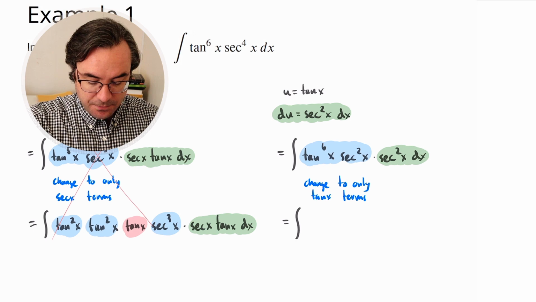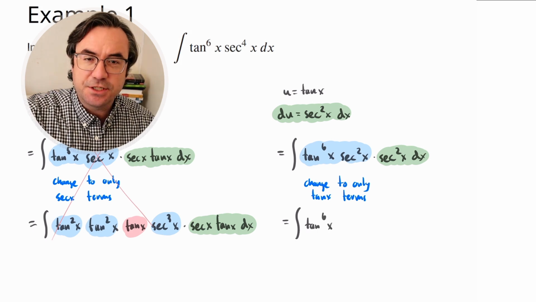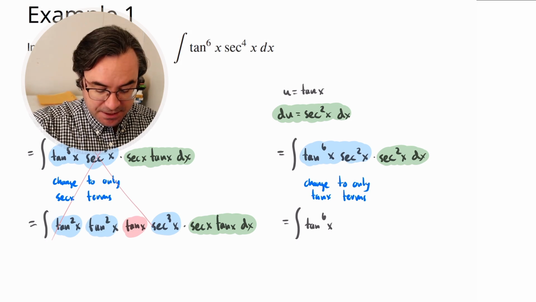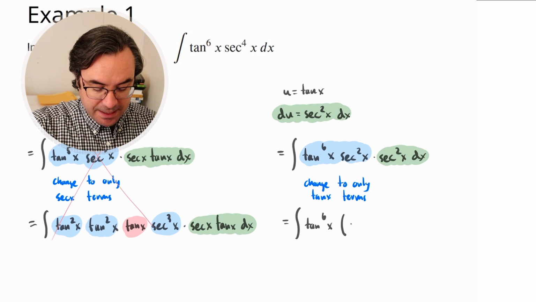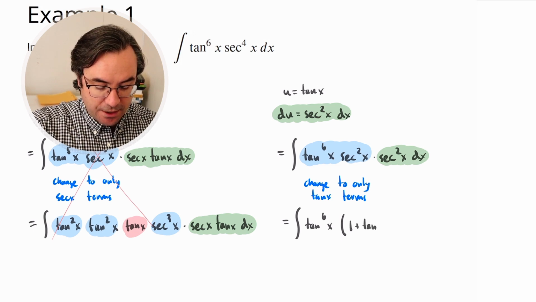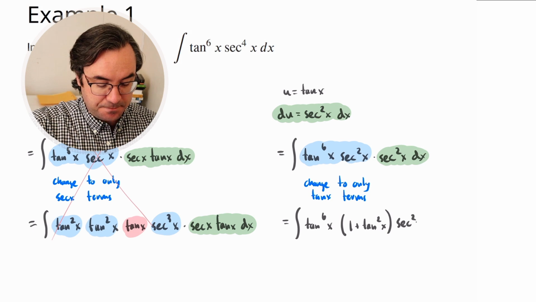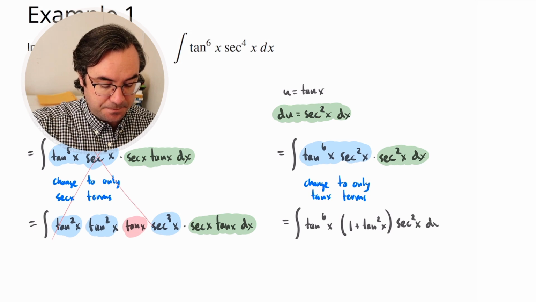So now we can use our trig identity. And we've got our tangent x raised to the power 6. And then if we use our trig identity, we get 1 plus tangent squared. And then we've got our secant squared dx.